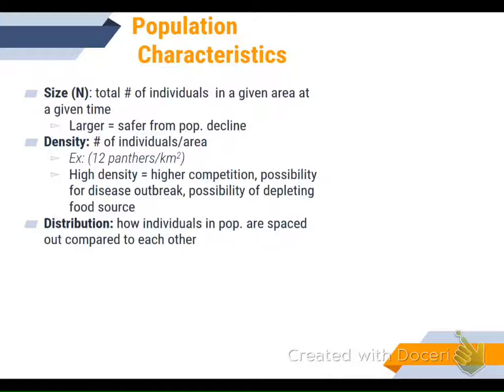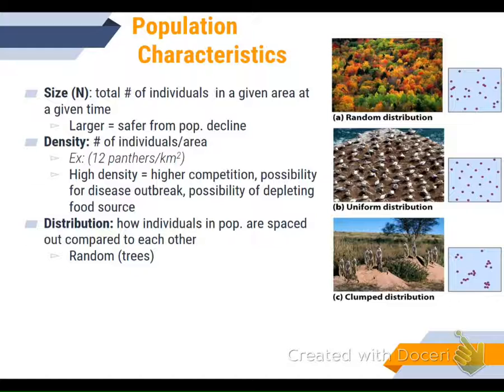Distribution is how they are spaced compared to each other. For example, if you look at trees or dandelions, they're completely and totally random. It's wherever the seeds land, that's where it's going to grow. Uniform would be something like the Joshua tree, where in their roots they give off a chemical that prevents germination of other Joshua trees.